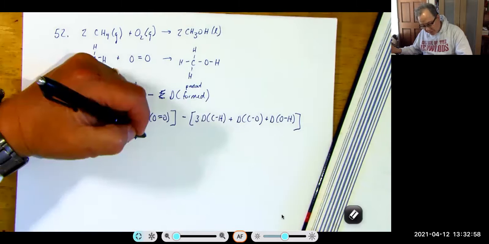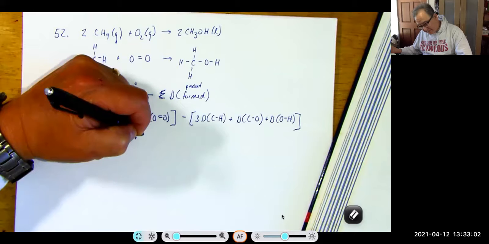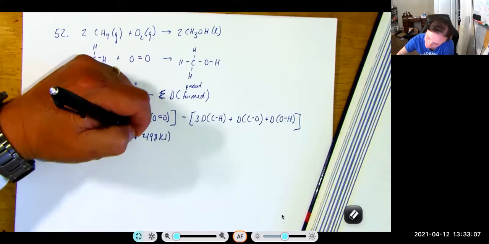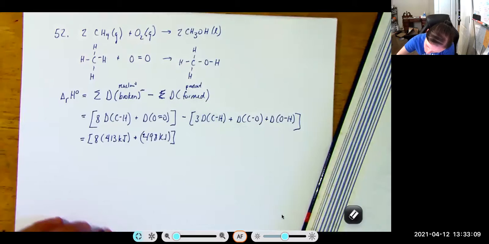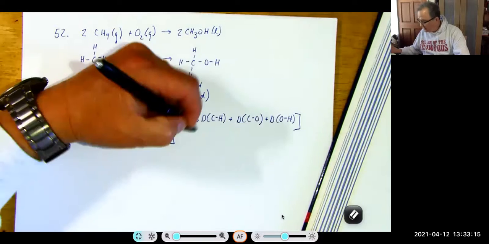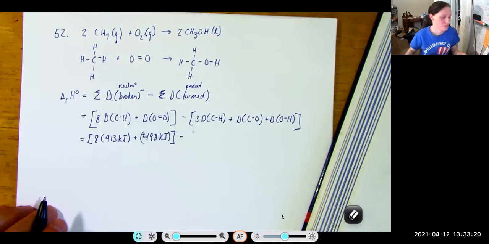Oxygen-oxygen double is what? 498. Oh. See, I got that wrong. Did you use the single bond energy? I don't know, because the value I had was 745. 745.